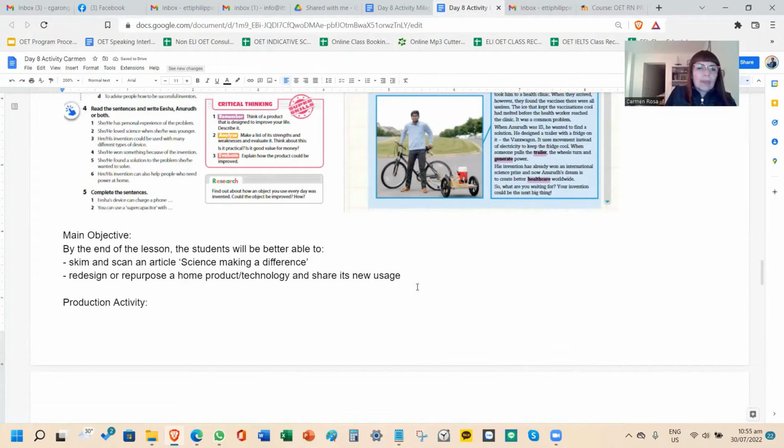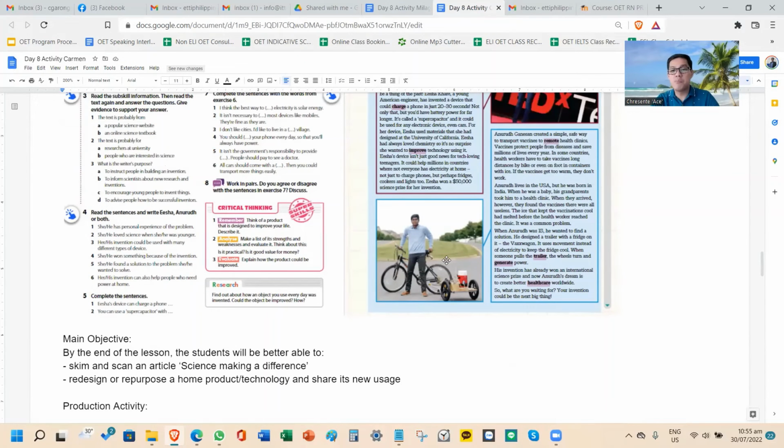That's correct for example, because this is just like the picture, like they're repurposing certain technology that's already existing, right? So this is going to apply students' creativity and making some inventions.